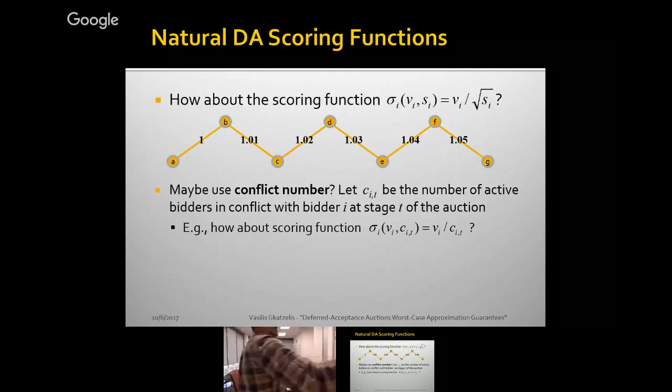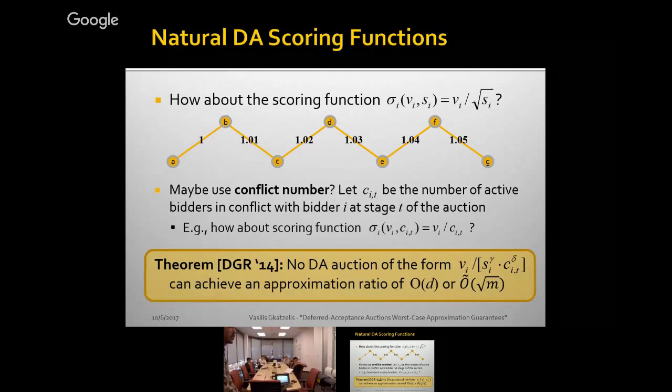Say something like, the higher the number of conflicts I have with other active bidders, the lower my score. So say something like value divided by the number of conflicts. And in fact, in this kind of example, this would fix things. If you have just a path, if you do something like value divided by, I think it was, number of conflicts times conflicts plus 1, don't ask me why, but this is what works, this would actually fix this example. But it would only fix this one.